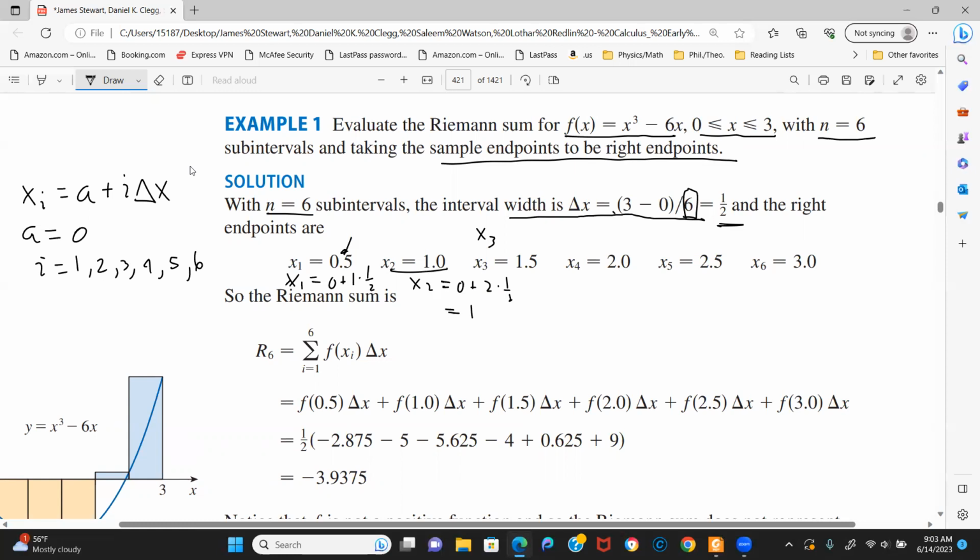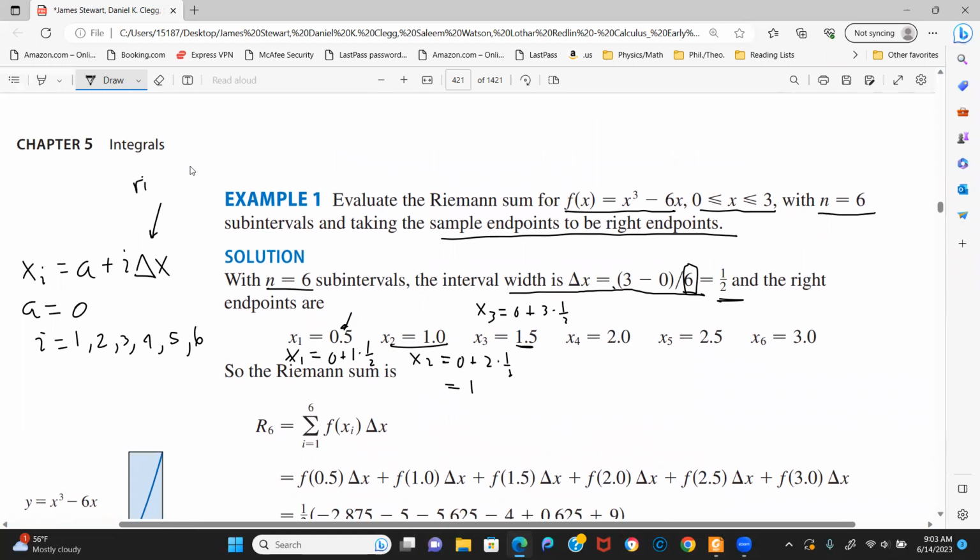And then x3 can be 0 plus 3 times 1/2, which is 3/2, so that's 1.5. I just want to go through these calculations. Remember, this is how you describe the right endpoints of the ith interval. So these are the rightmost endpoints of the ith subintervals.